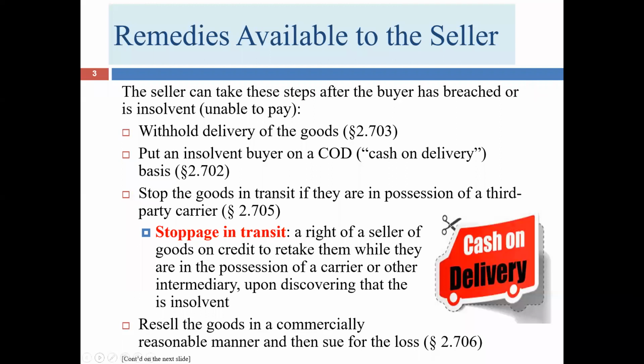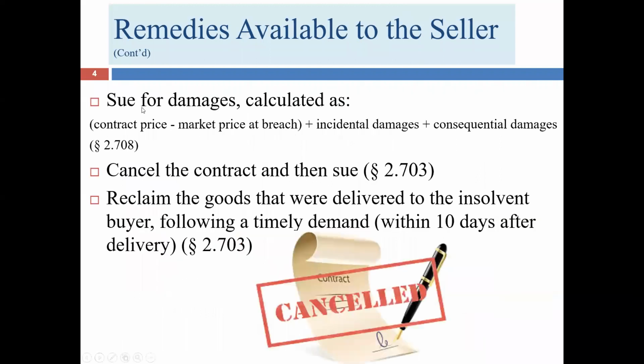We also have sue for damages, and the way we calculate the damages is we consider the original contract price, what the seller was expecting to get, then the price that he actually got, which is usually going to be less because, again, you're selling them in a kind of rushed manner under less than ideal circumstances.